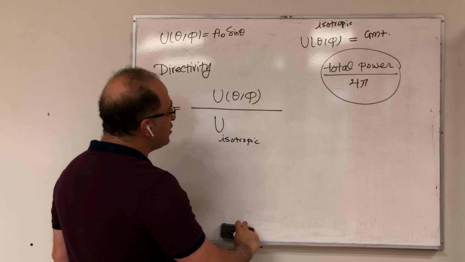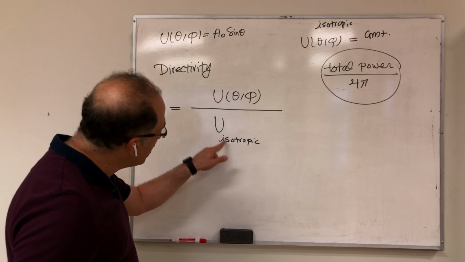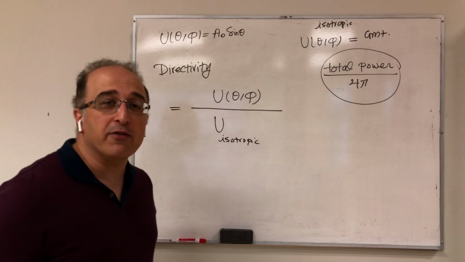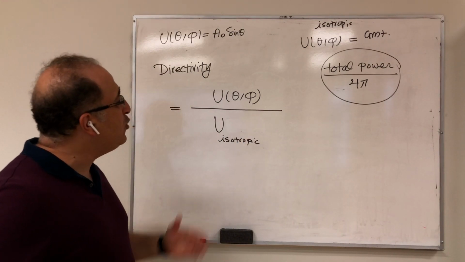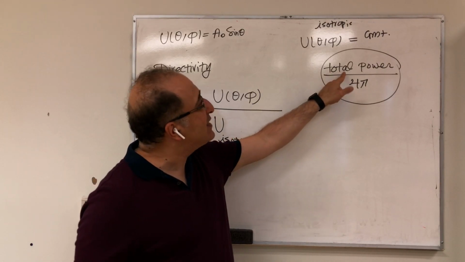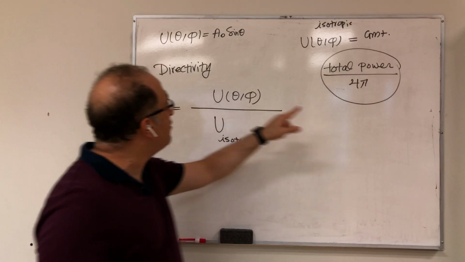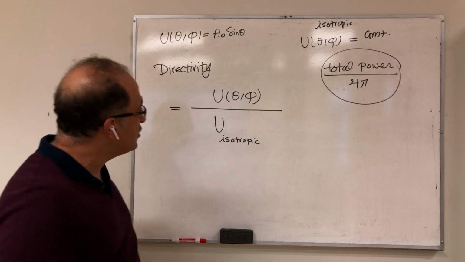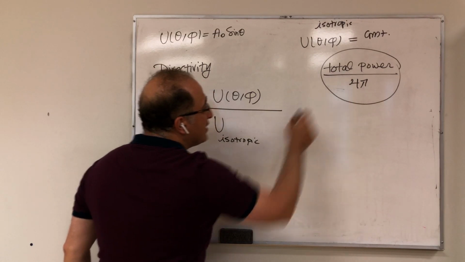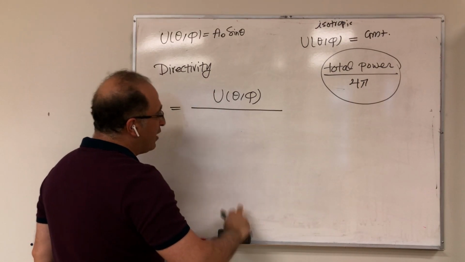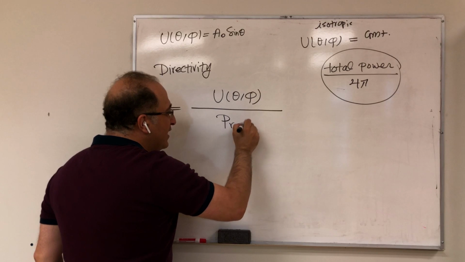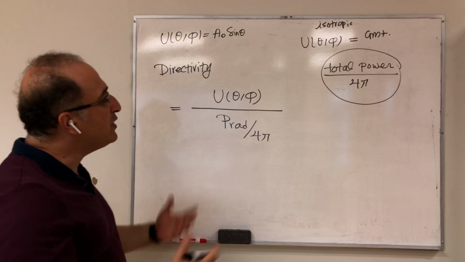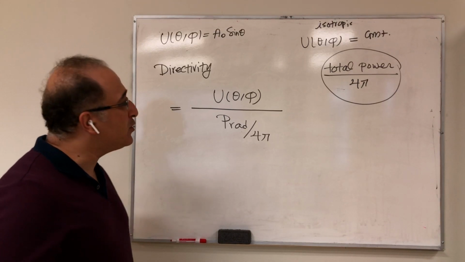You just say u isotropic. But what would you plug in for total power? For directivity, you plug in the same total radiated power that's being radiated by your antenna. So instead of total power divided by 4 pi, I'm now going to say P radiated by my antenna divided by 4 pi. Now I'm comparing these two things.